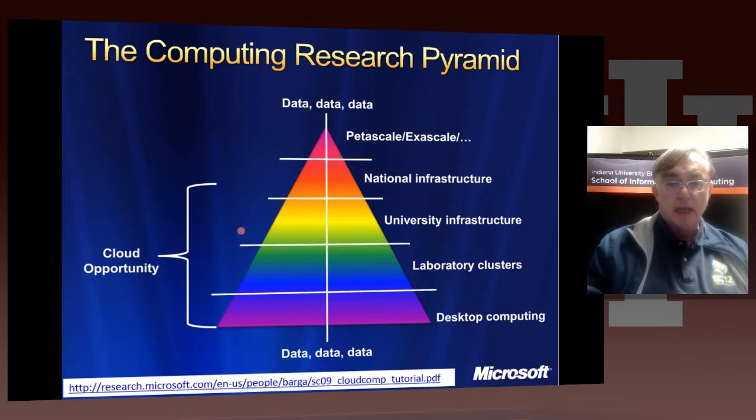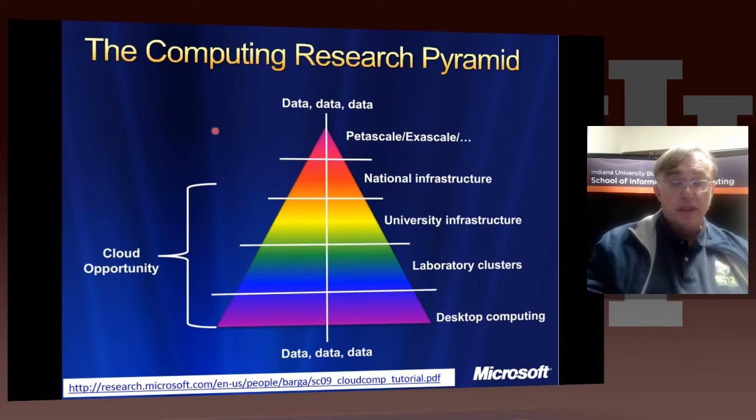And clouds are most of the currently focused on this big, fat middle piece here. Or in fact, they're focused at the bottom because they're trying to take your desktop and provide a seamless extension of the desktop into the cloud. So they're trying to show you how you can take this purple desktop computing and build it automatically into the cloud.